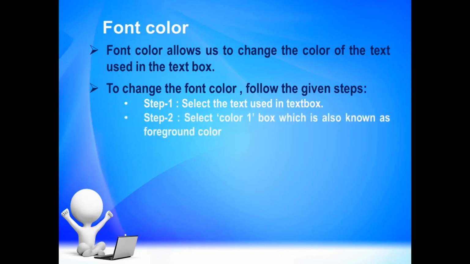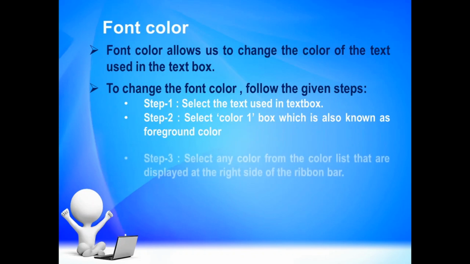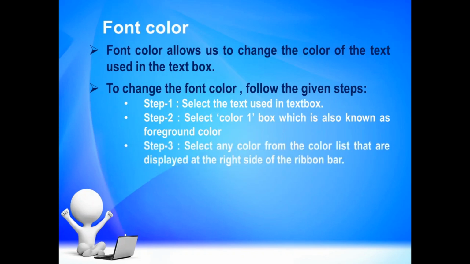Step 2. Select the color 1 box, which is also known as foreground color. Step 3. Select any color from the color palette that is displayed at the right side of the ribbon bar. The text color will be changed.